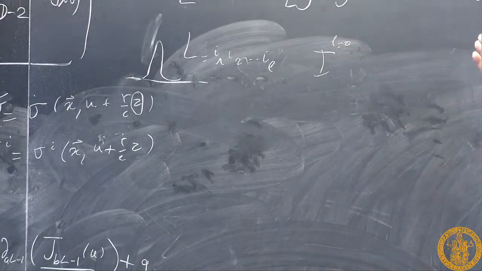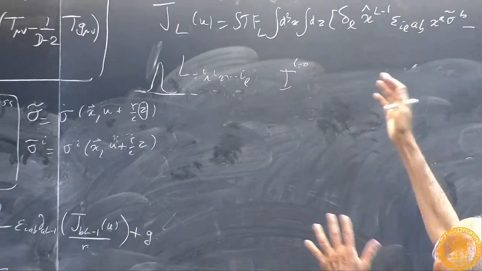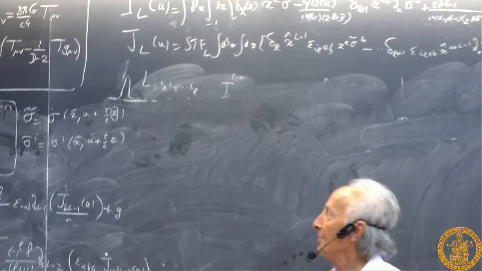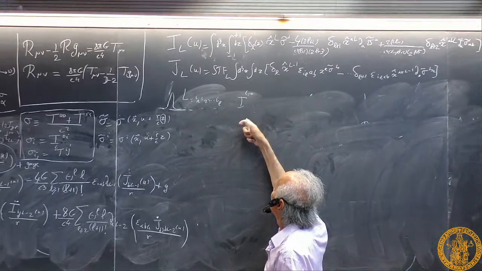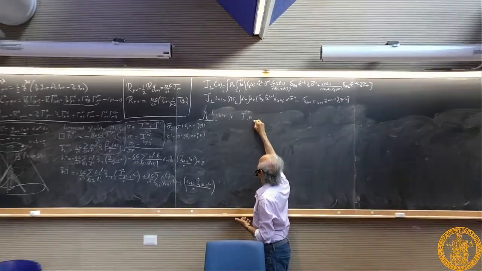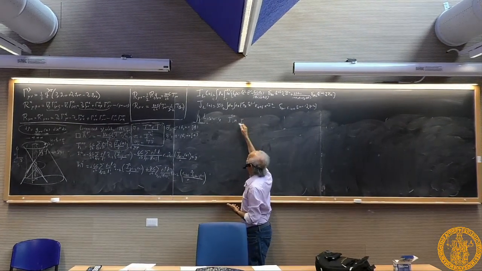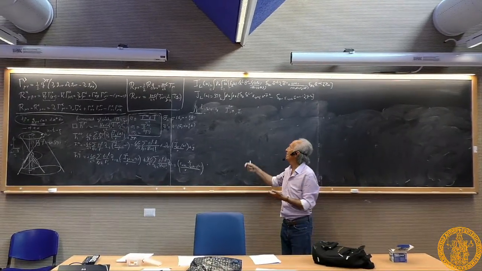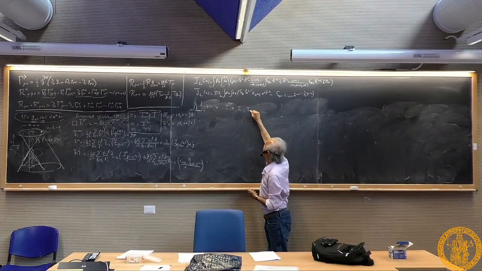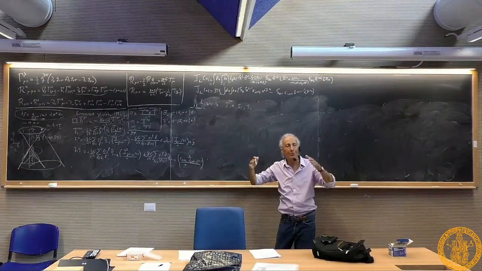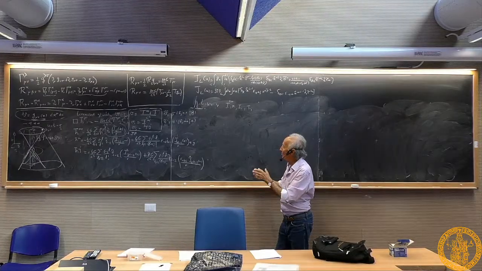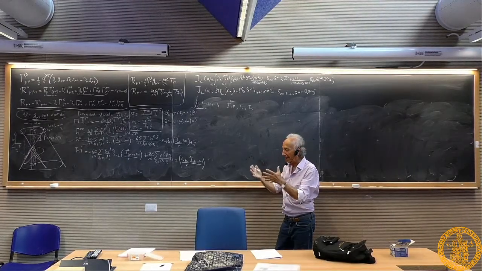For L equals 0, when you look at it, you find it is the total mass of the source, okay? So I without any index is the mass of the source. I with one index is the dipole moment of the source in a relativistic sense. And then starting with two indices, this is a quadrupole, etc. So these are the mass type multipole moments of the even parity type.